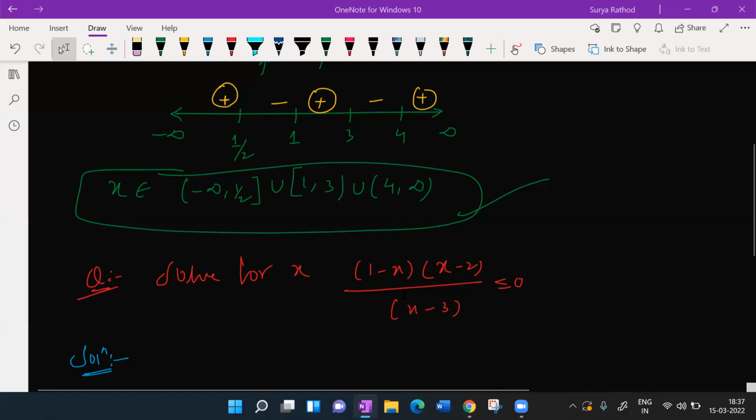What is the answer? Make it fast. What's the answer?